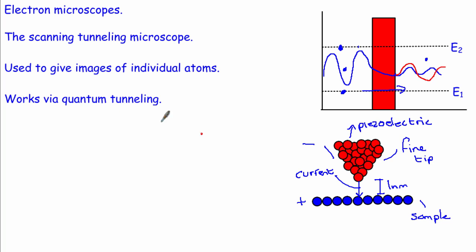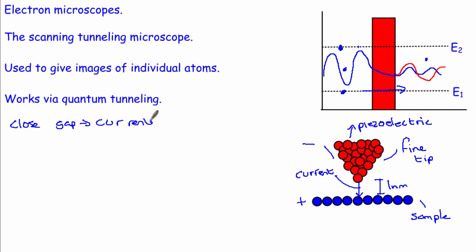So what really happens is if you make this gap smaller, if you moved this whole tip closer, then the gap's smaller and it's more likely that electrons go across. So if you close your gap, then the current actually increases.